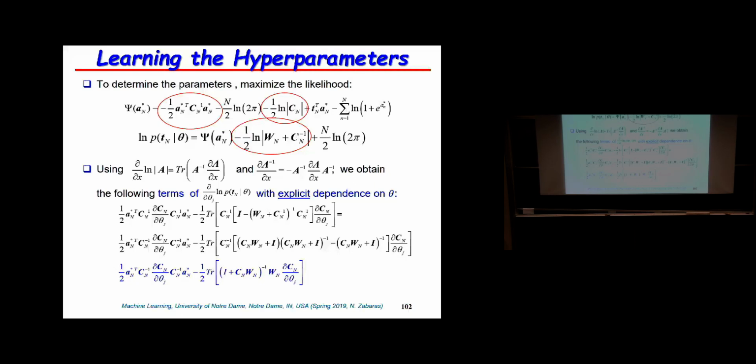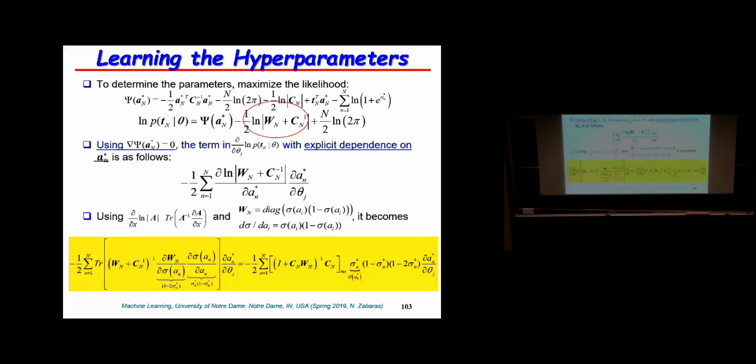If you do them carefully, and I have grouped them in the slides, all right? So operating on these three terms, computing directly the derivatives with respect to the hyperparameters, and there are some other weird terms that depend on the hyperparameters through the alphas.